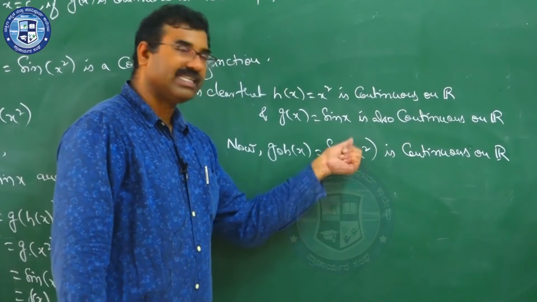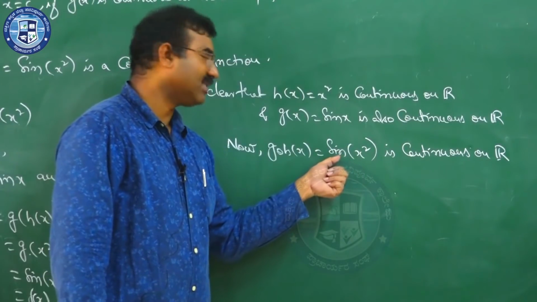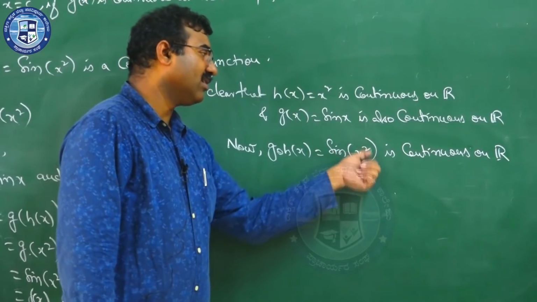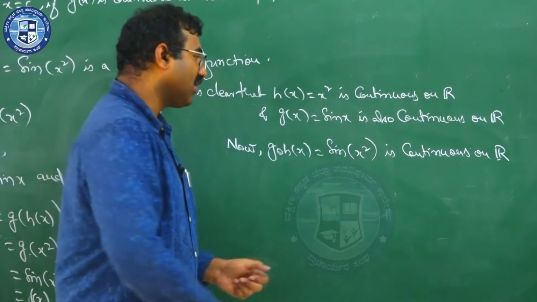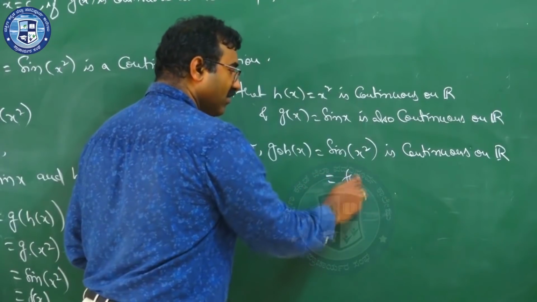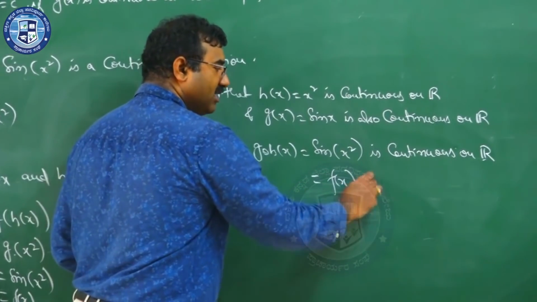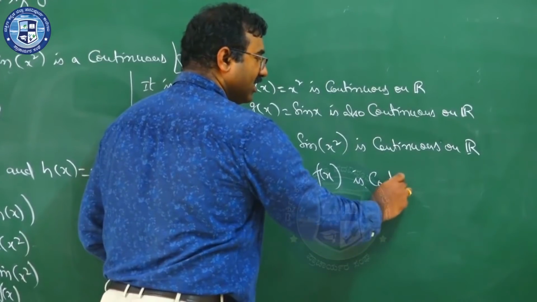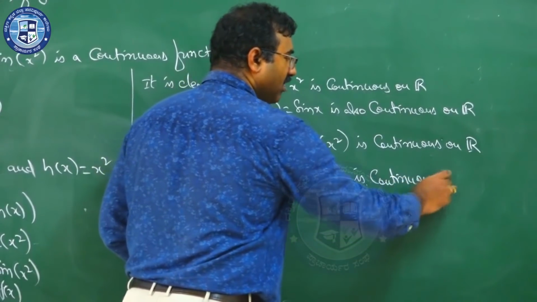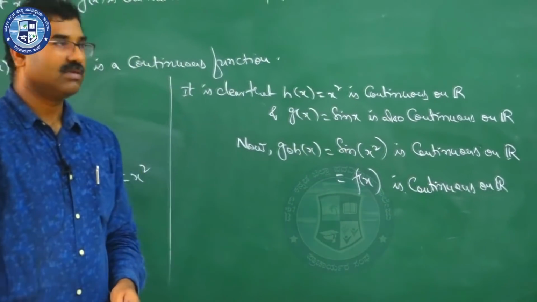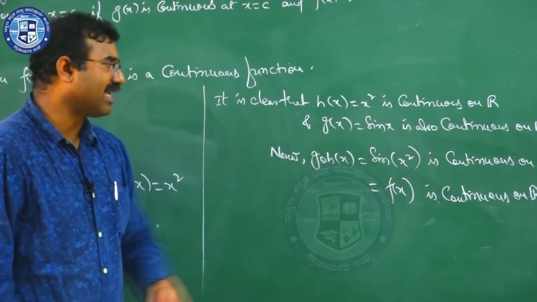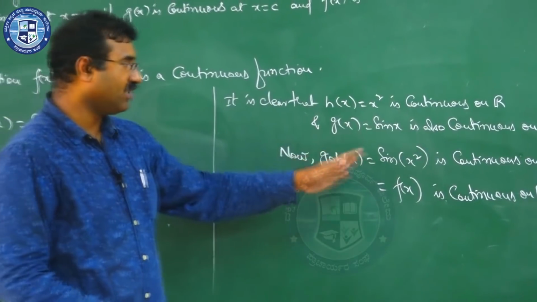When x is real, x square is also real, so sin is also continuous throughout the real number system. So therefore, the composition is also continuous, which is equal to f of x is continuous on R. Okay, right? So in this way we can tell that, because both were continuous functions.